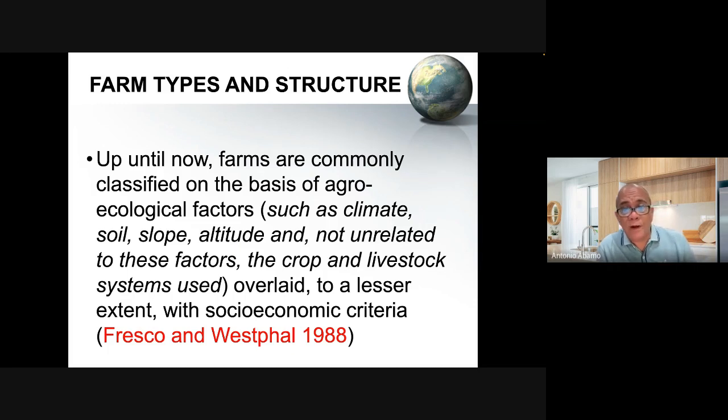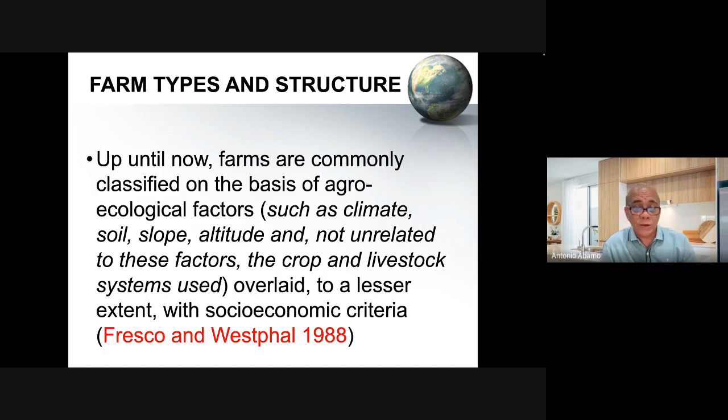Now, up until now, farms are commonly classified on the basis of agroecological factors such as climate, soil, slope, etc. The crop and livestock systems are overlaid, to a lesser extent, with socioeconomic criteria.